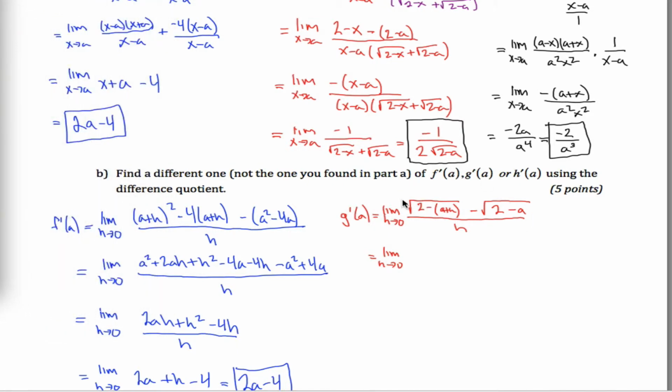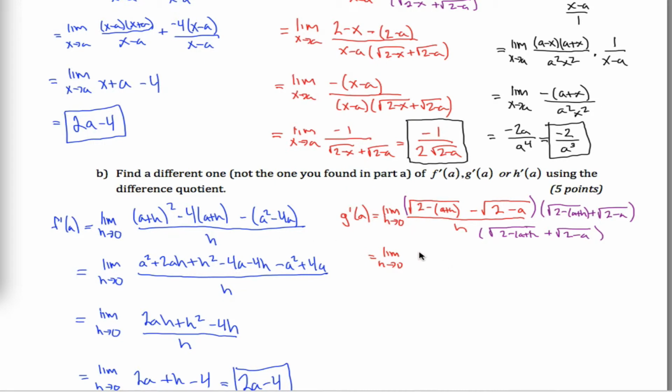I'm going to multiply up in this step the top and the bottom by the square root of 2 minus a plus h plus the square root of 2 minus a. And by multiplying the top and the bottom by the conjugate, things are going to cancel out pretty nicely.